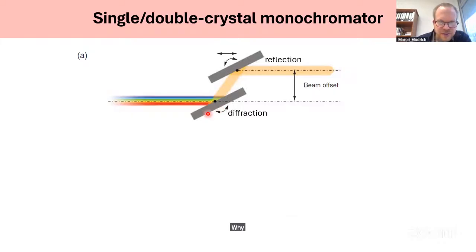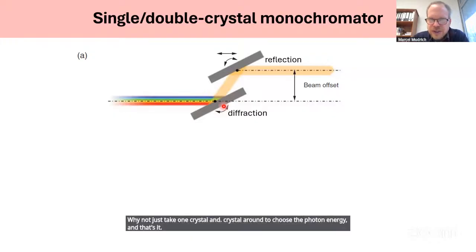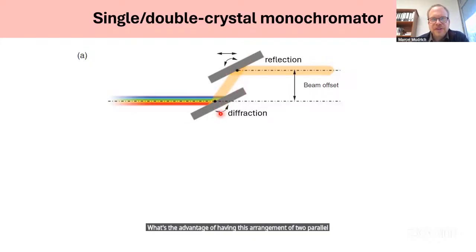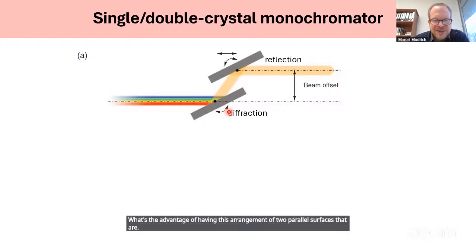Why not just take one crystal and tilt the crystal around to choose the photon energy, and that's it? What's the advantage of having this arrangement of two parallel surfaces that are tilted synchronously?